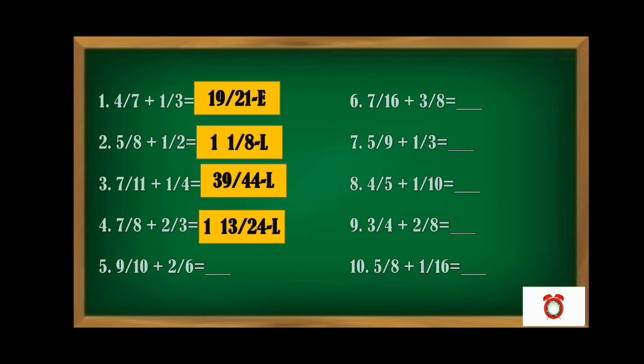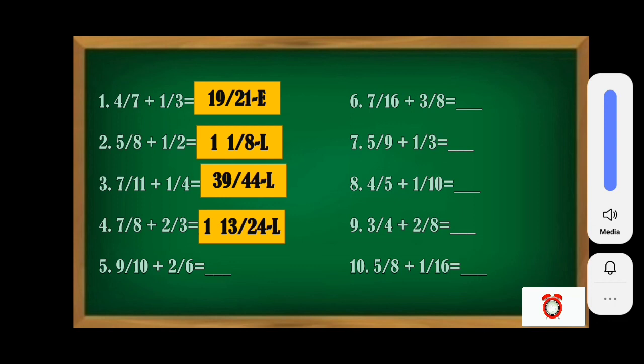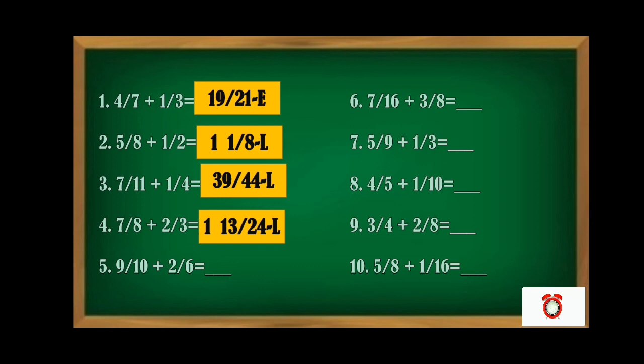And for number 5, 9/10 plus 2/6 equals. The correct answer is 1 and 7/30, which is letter H. For number 6, 7/16 plus 3/8 equals.